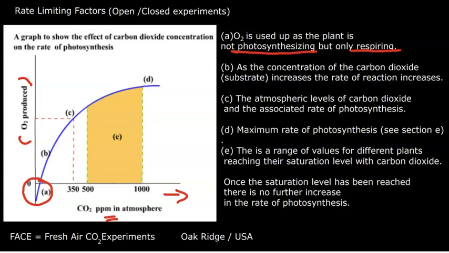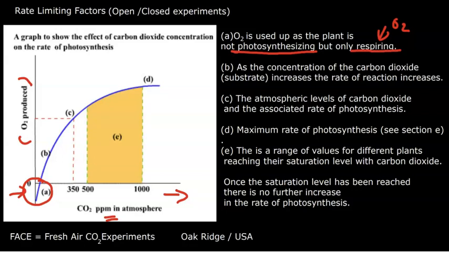So respiration will be operating in this region here, and so the oxygen production will actually be lowered by the respiratory process. That will be taking in oxygen, but there is no oxygen production from photosynthesis. Levels of carbon dioxide too low.